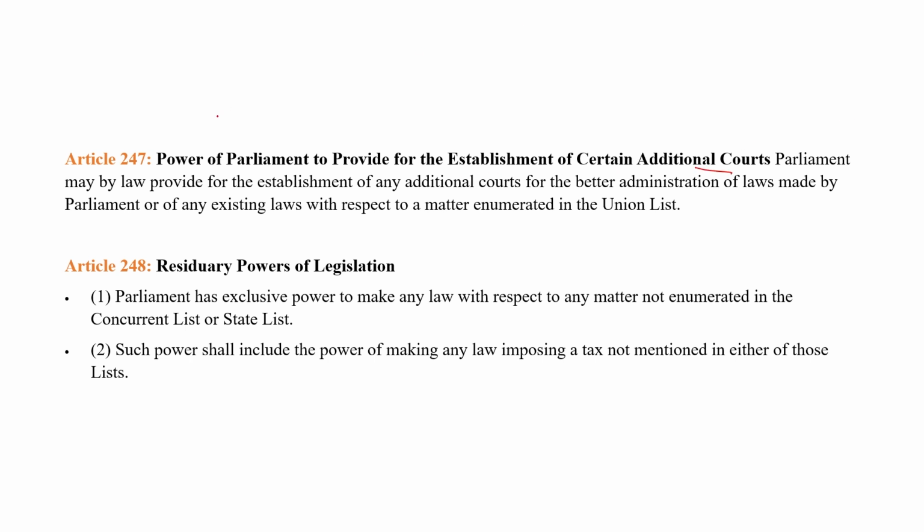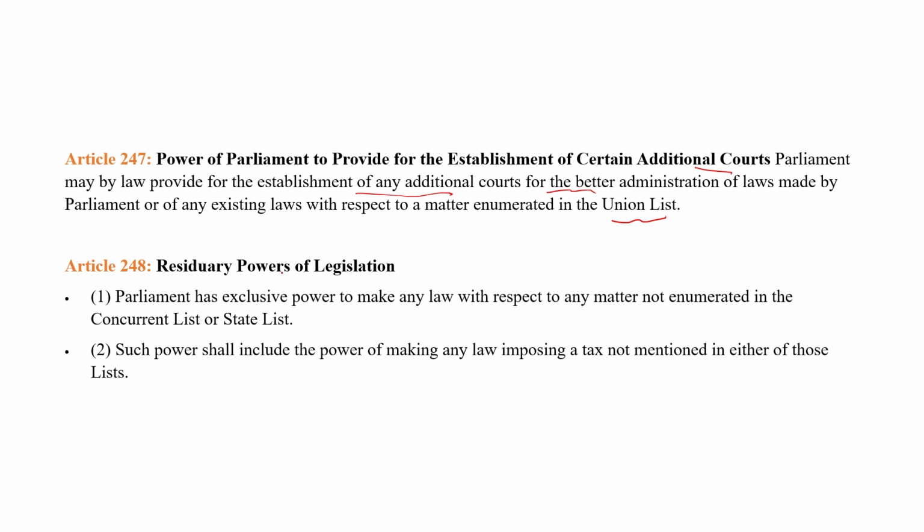So in this, Parliament may by law provide for the establishment of any additional courts for the better administration of laws made by Parliament, or of any pre-existing law with respect to the matters under the union list. To basically enforce the union list matter, or for better administration, Parliament has the power. It can establish certain additional courts.